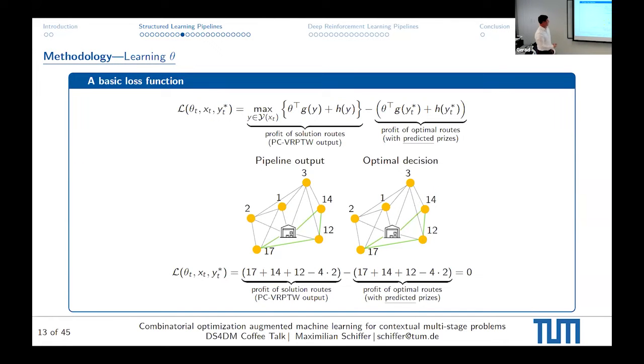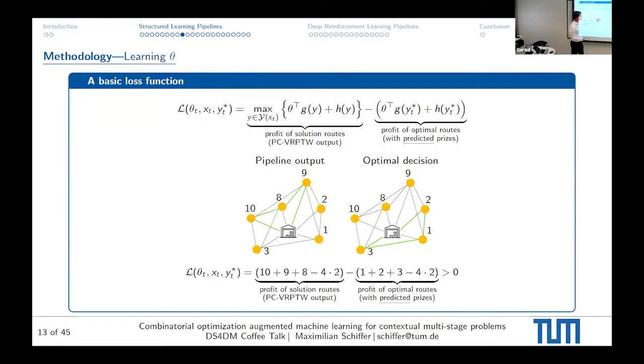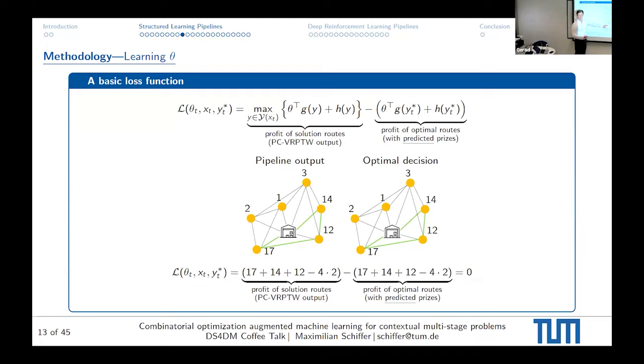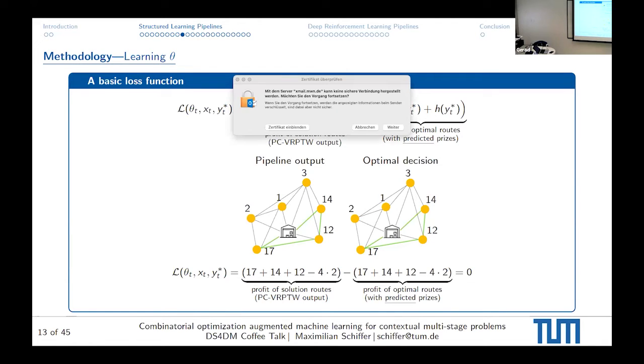Right, so I skipped probably 1,000 iterations of backpropagation in between, but you will start somewhere here and you want to get here. So this is basically what we do. And the straightforward loss function would be this one.